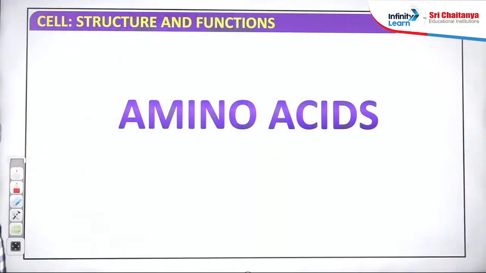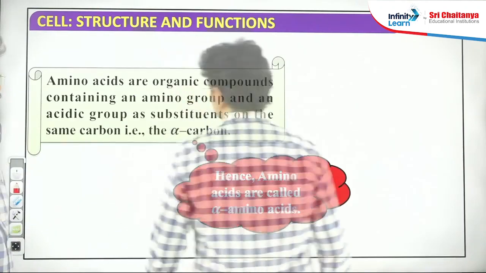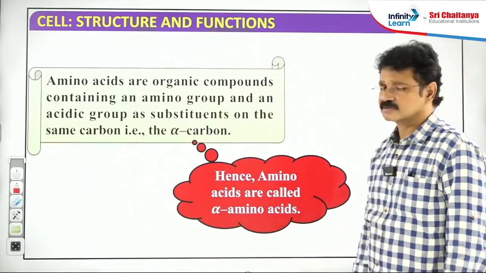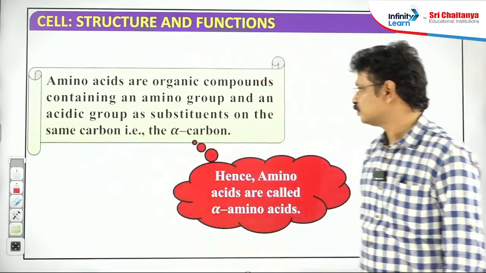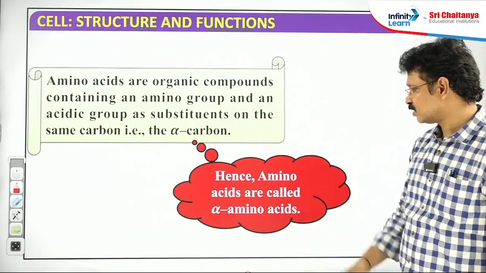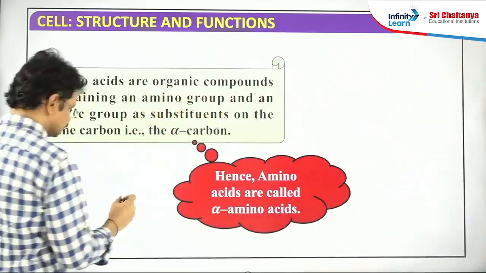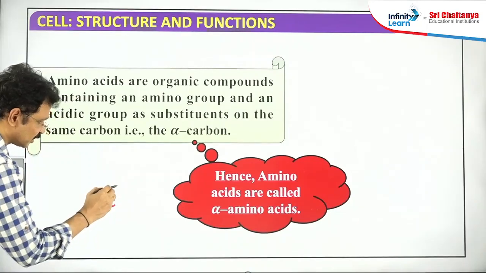Now our topic is amino acids, the structural units of a protein molecule. These are usually organic compounds containing one amino group and one carboxylic acidic group as substituents on the same carbon, called the alpha carbon. Observe here: in the center of the amino acid is one alpha carbon.